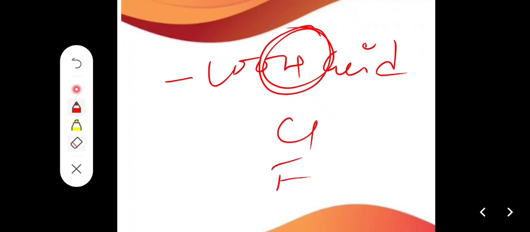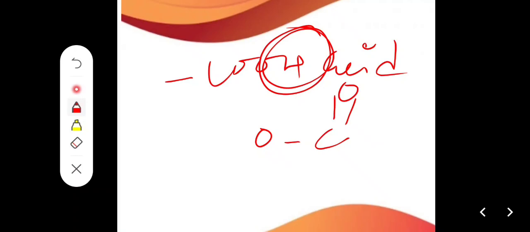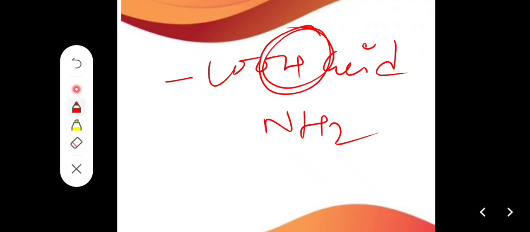If this OH is replaced by an OCO group, again that produces an anhydride. If this COOH, then if we consider NH2, we say amide. If you use CO, then OR, we say ester.